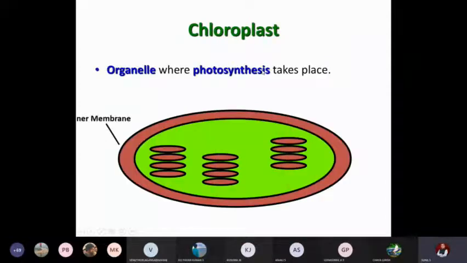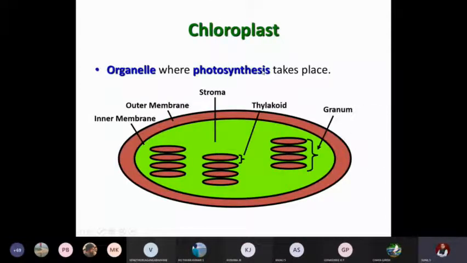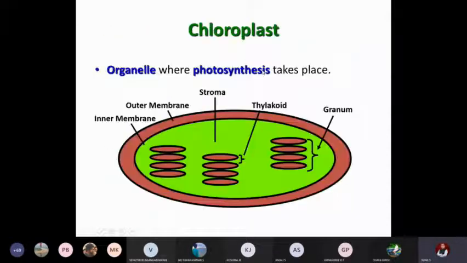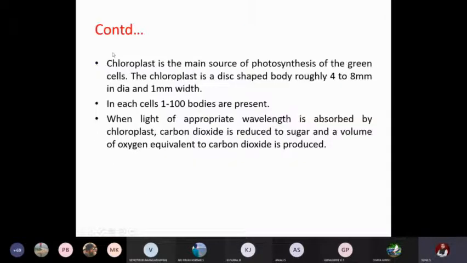The next important part, as we discussed, is the chloroplast. It is an organelle wherein the photosynthesis reaction takes place. It has certain membranes called thylakoids. A set of thylakoids we call a granum. So this is the main structure, chloroplast, in which the photosynthesis reaction is activated.